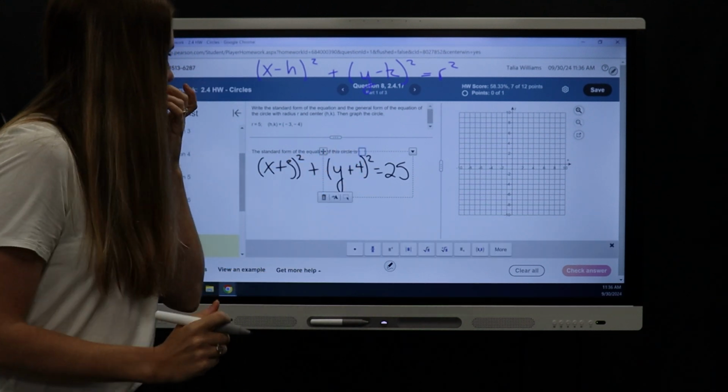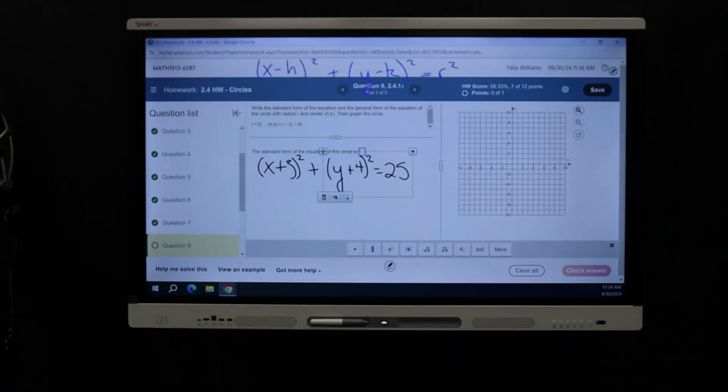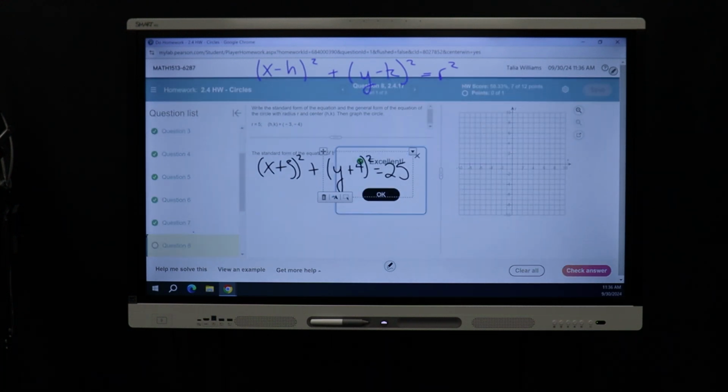So I went ahead, when I was subtracting my negatives, I changed them because we don't have a lot of board on this thing. And we need a lot of board for this next part.